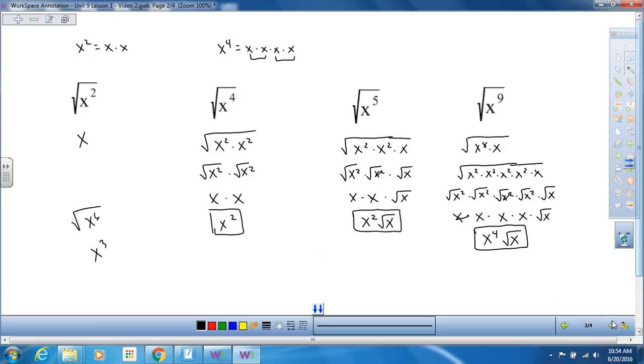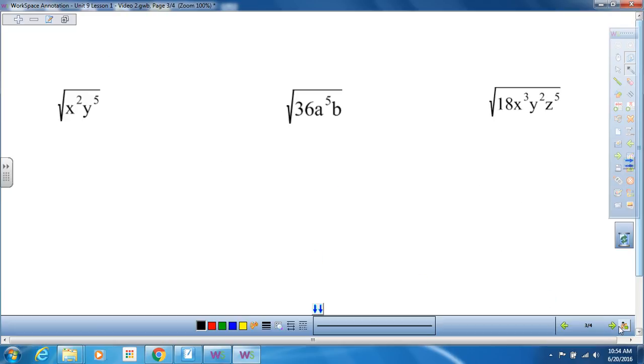All right, let's look at some more. We're going to put numbers and variables together. All right, I have the square root of x squared y to the fifth. So those are not the same base. So I want to separate those two bases first. And then I will deal with the x's and the y's individually. Okay, well, square root of x squared I know is just x. Okay, square root of y to the fifth is y to the fourth times y.